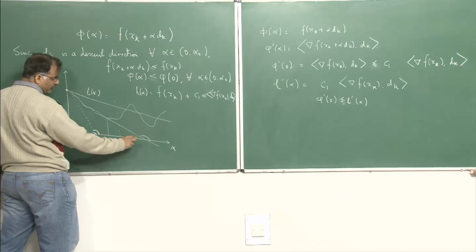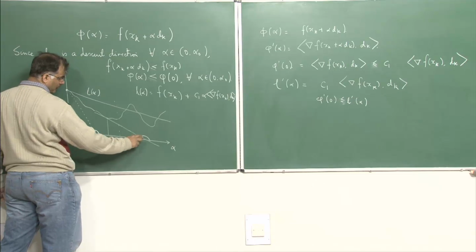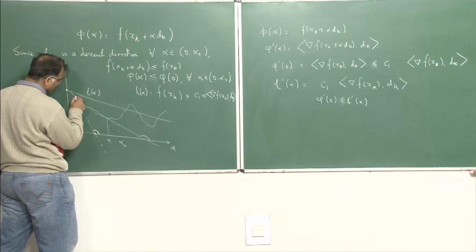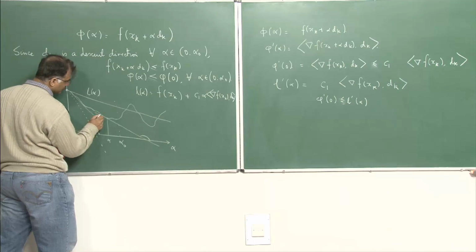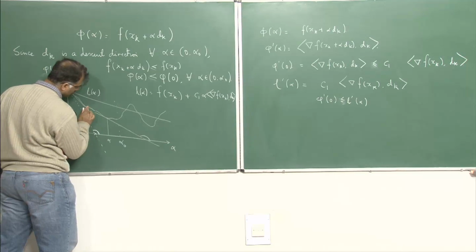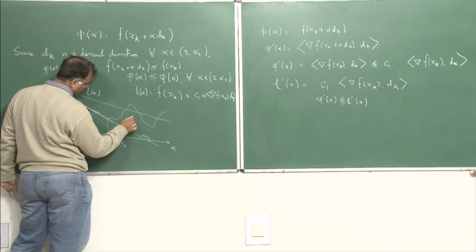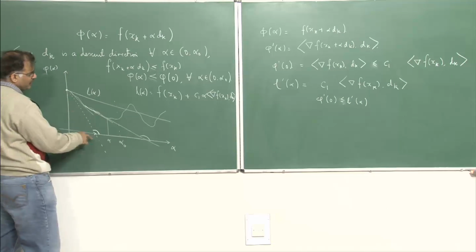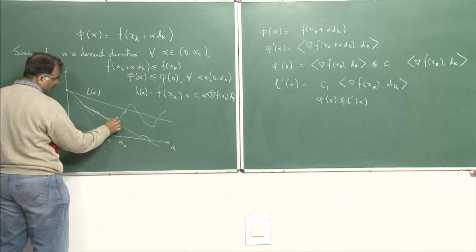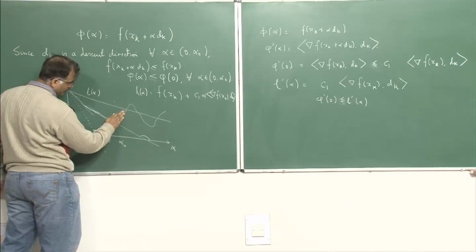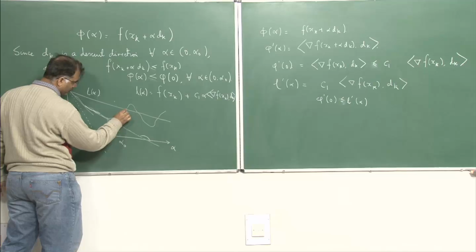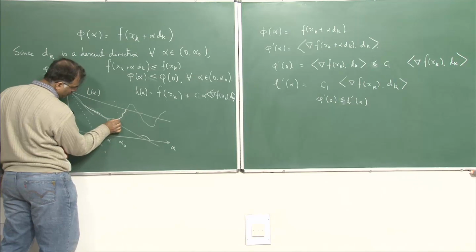So beyond this, for all alphas, whatever slope you are taking, all of the slopes would satisfy this condition. See, for example, here this is up to alpha naught, right. So here the slopes are all coming down.